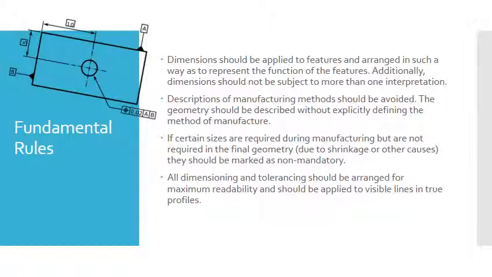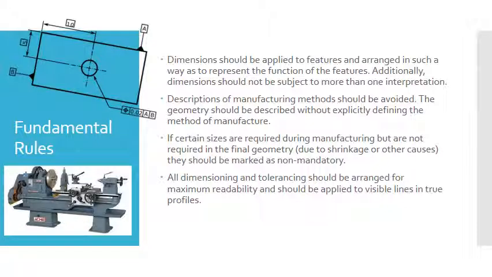Descriptions of manufacturing methods should be avoided. The geometry should be described without explicitly defining the method of manufacture. If certain sizes are required during manufacturing but are not required in the final geometry, they should be marked as non-mandatory.